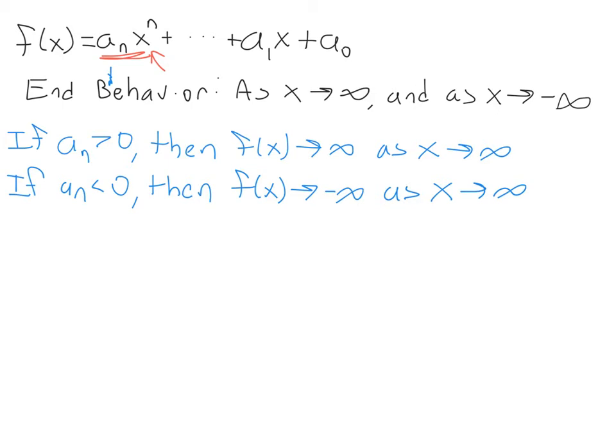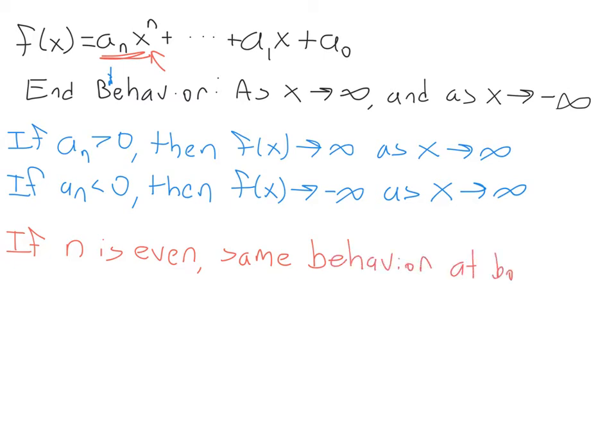So there's one thing. Looking at the leading coefficient is going to help us determine the behavior to some extent. And the rest of the picture we can fill in by looking at the degree. So if n, the degree, is even, then we're going to have the same behavior at both ends. Either both ends are going to go up to positive infinity or down to negative infinity.